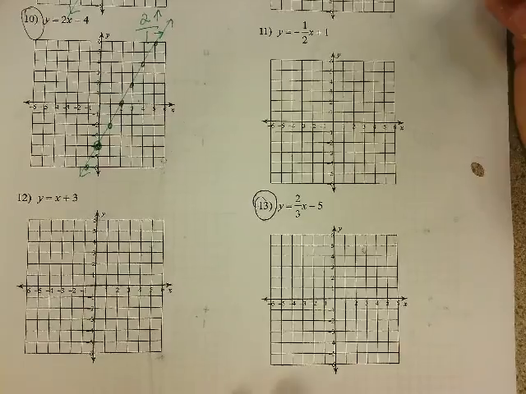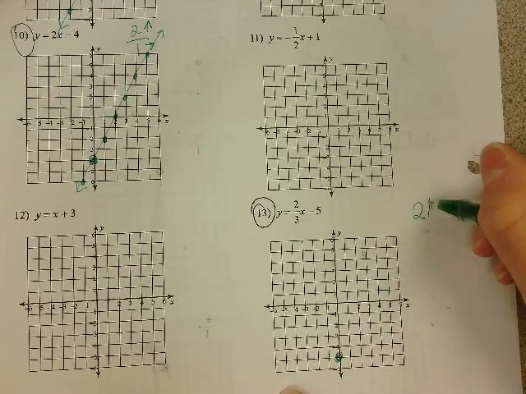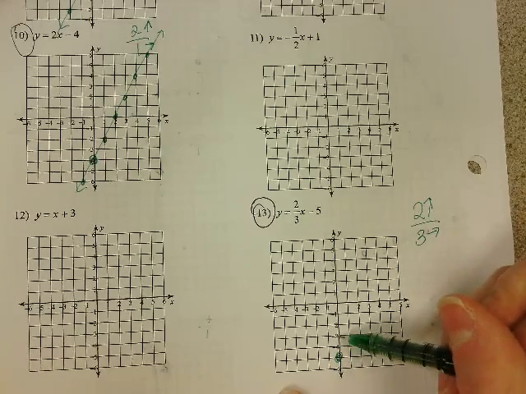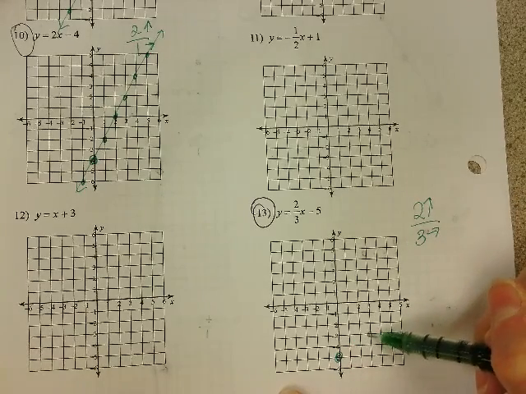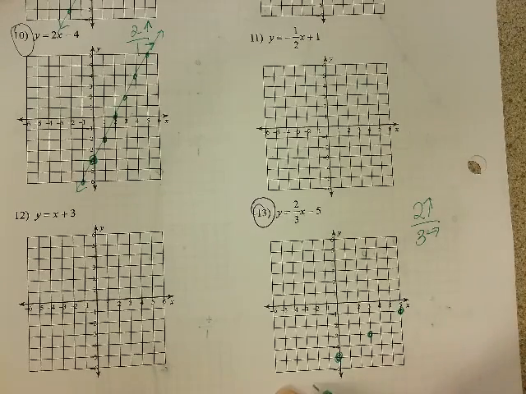And then this one I start at negative 5. So this tells me to go up 2 and right 3. So up 2, right 3. Up 2, right 3. Okay.